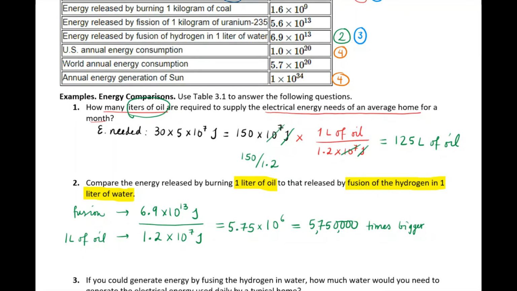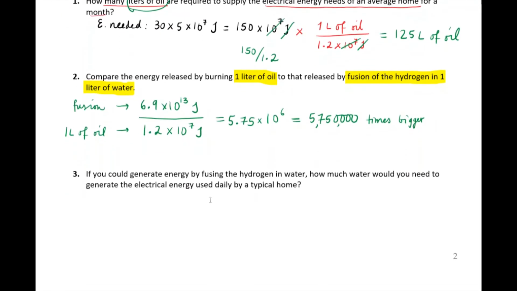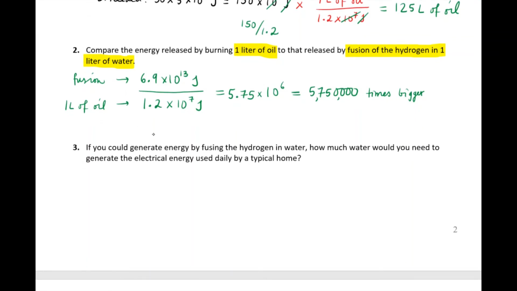Now, the next one is if you could generate energy by fusion of the hydrogen in water, how much water would you need to generate the electrical energy used daily by a typical home? Remember, daily you need 5 times 10 to the 7 joules.